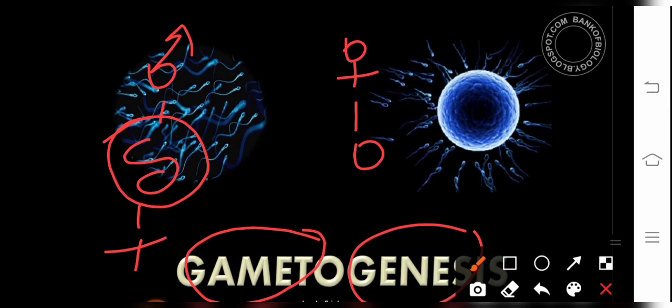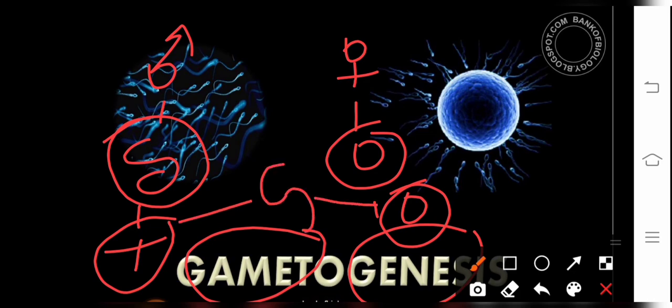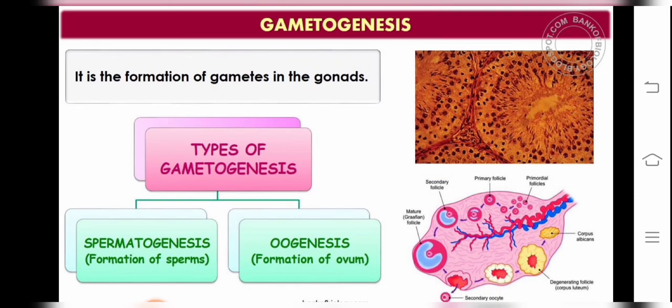And the female gamete, that is ovum, is produced in the ovary. And these testes and ovaries are called gonads. Understood? So sperm production and ovum production happen in the respective gonads. Clear? So in general, gametogenesis is the formation of gametes in the gonads. I think this is clear.